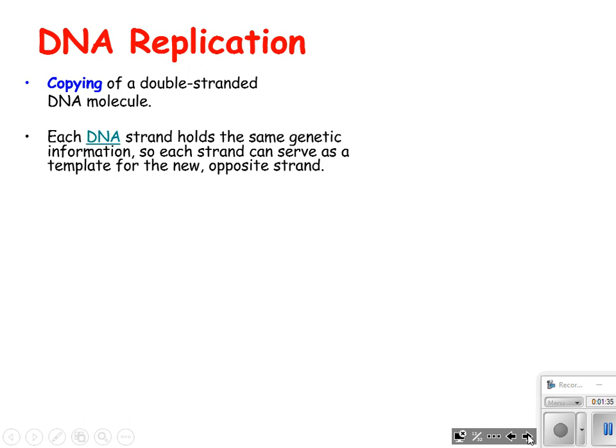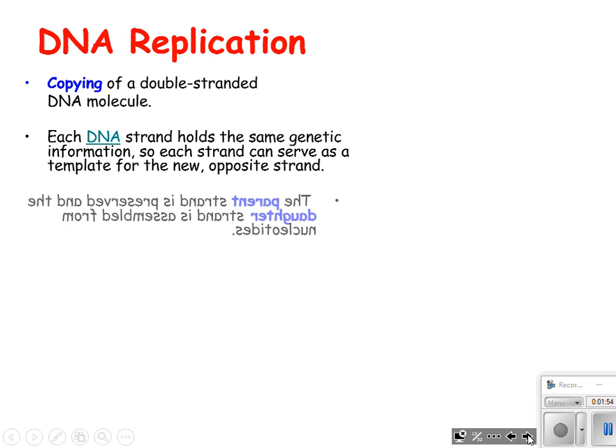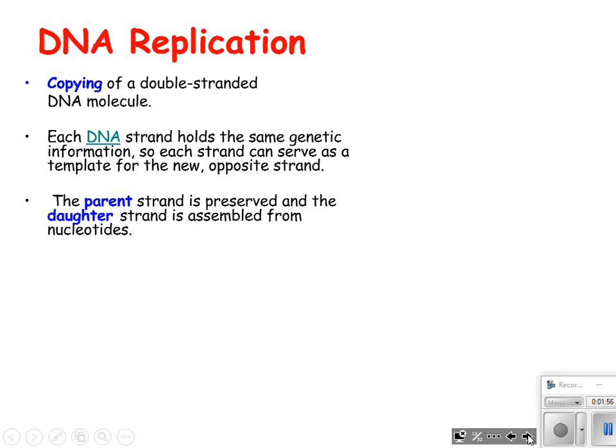Each DNA strand holds the same genetic information. So each strand can serve as a template for a new opposite strand. The parent strand is preserved, and the daughter strand is assembled from nucleotides.